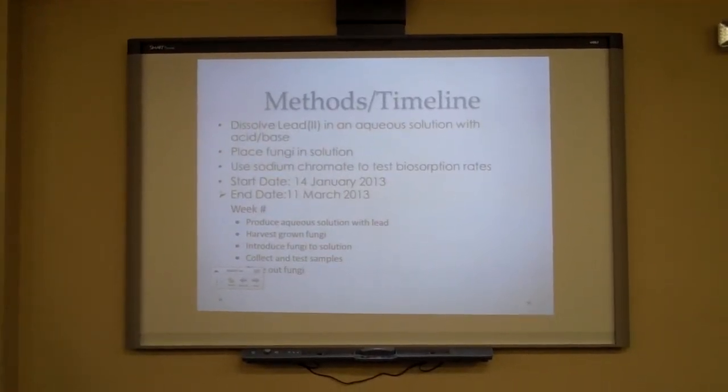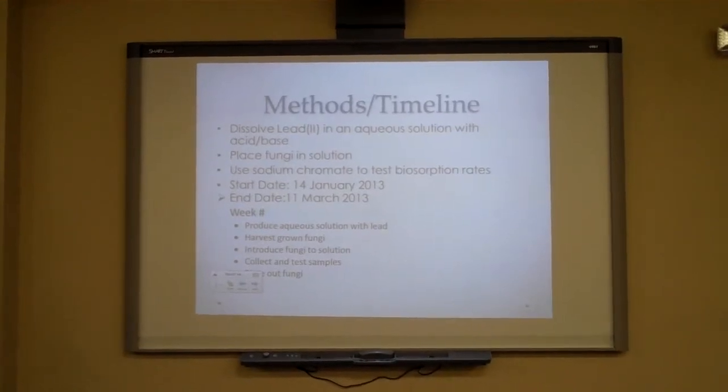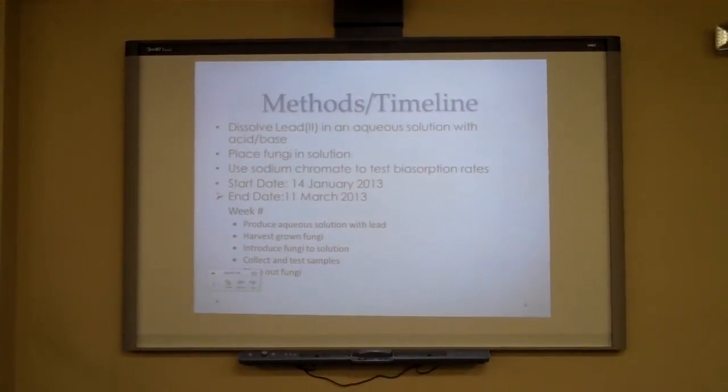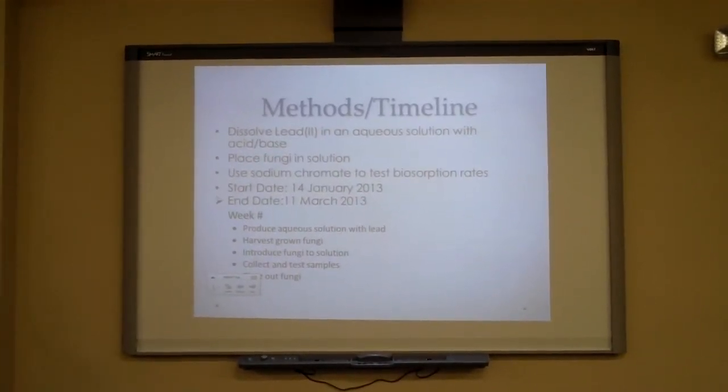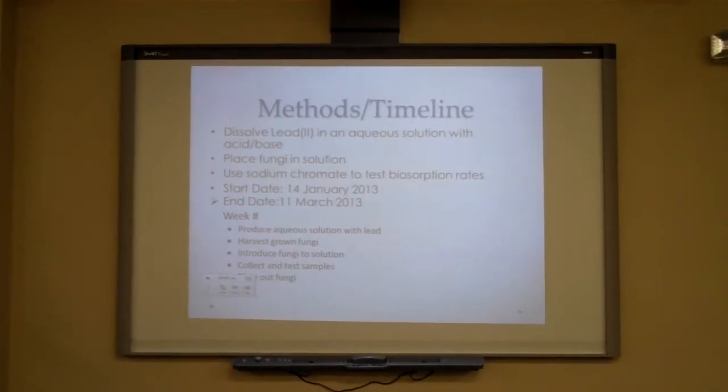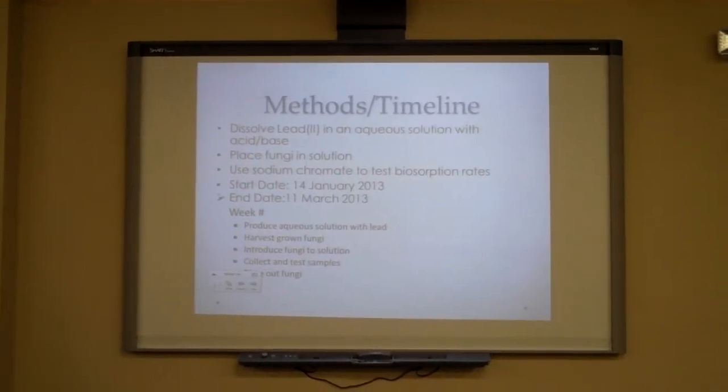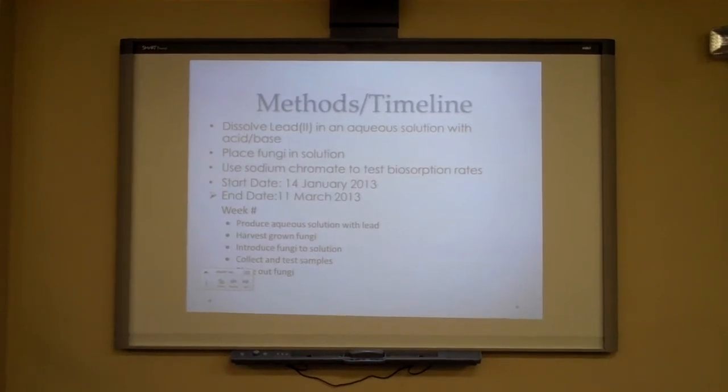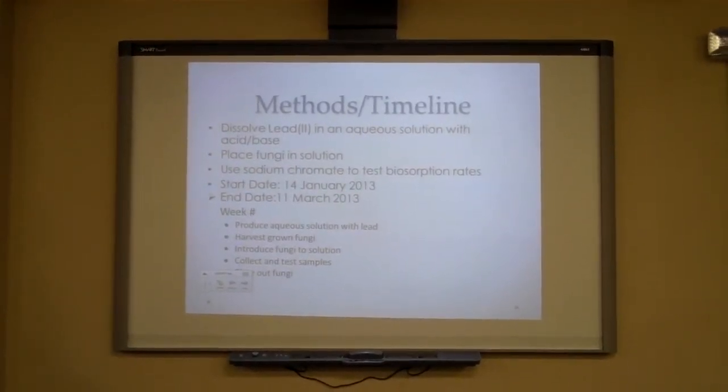Methods and timeline. I will dissolve lead-2 in an aqueous solution and then add an acid or a base until I get my desired pH level. Then I will place the fungi into the solution and allow it to sit for approximately 1 to 2 days for bioabsorption to occur.